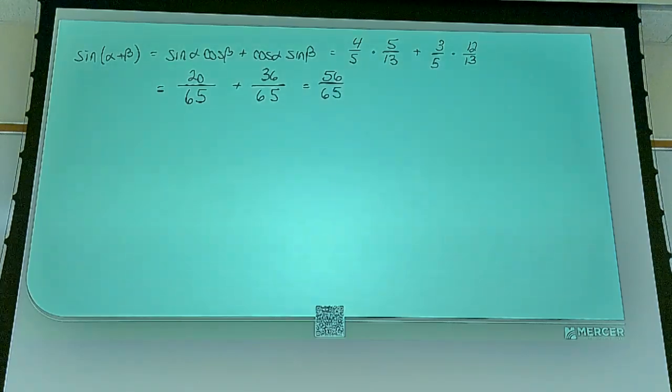Which have no common factors. There's sine of alpha plus beta. So I should write that in red.